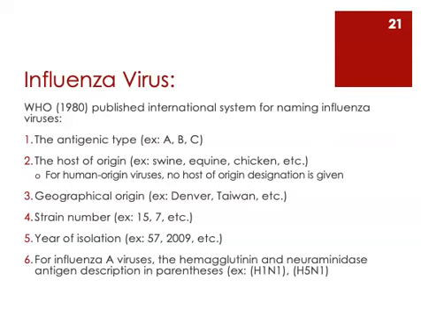This is really either the name of a city or the name of a country. Part 4 is the different strain of the influenza virus, and this is typically a number. Then they add in the year that this virus was first isolated, and if it's an influenza A, they include the H and N designation.